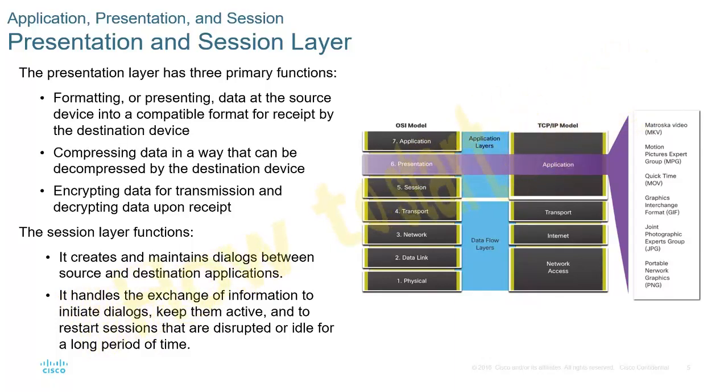Is it a .mov? Is it a .jpeg? Is it a .mpg or .mpeg? That's what the presentation layer deals with. It also deals with compressing data as well as encrypting data for transmission. It will also handle the decrypting of data upon receiving it.